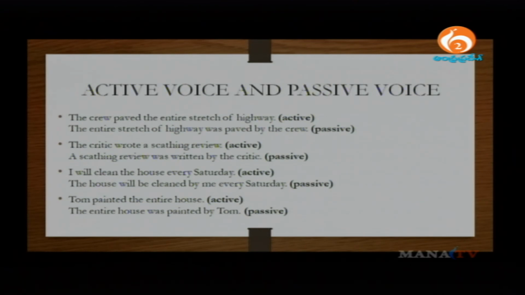The critic wrote a scathing review. Active voice. The scathing review was written by the critic. Passive voice.